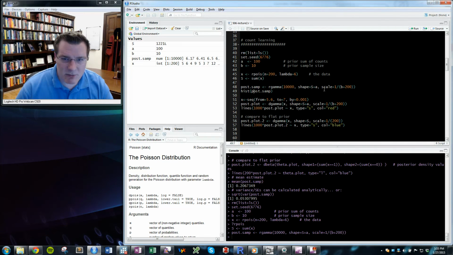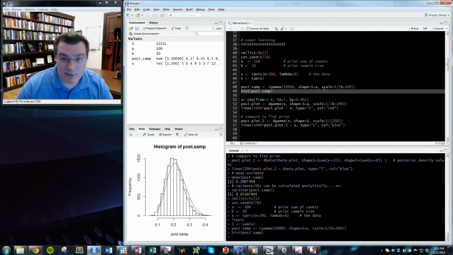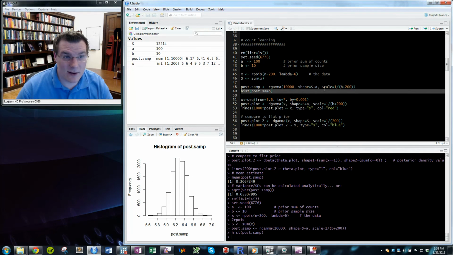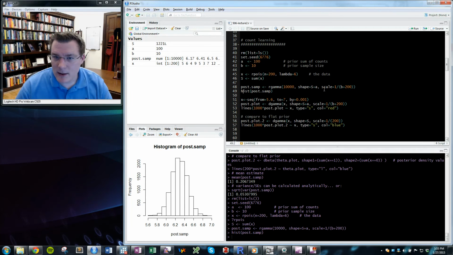And then if I just plot the distribution of all the draws I just took from that gamma density, here's my data, 200 observations, and the prior right there. That's B. This is what I get.